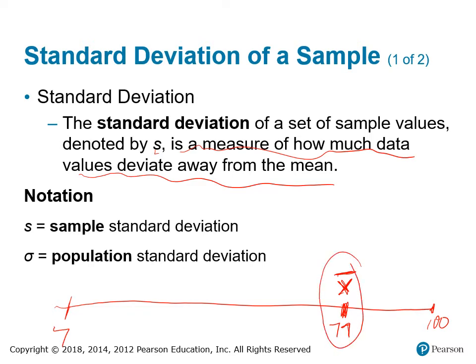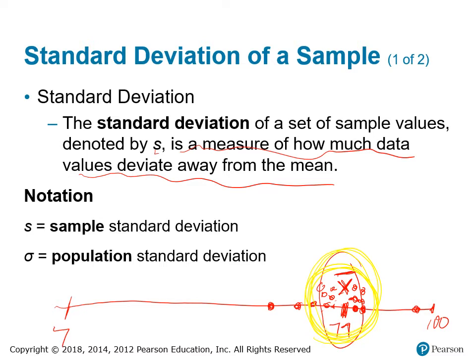If I start plotting where all my test grades are, say a 78, another test grade that's a 79, a test grade that's like a 90, another one down here that's maybe about a 50, and I keep plotting them out and stacking them up if I get repetition of test grades, and I start to notice that all my test grades are pretty much clumped right around the mean, then that's telling me that my data values, my grades for my tests, are not varying very far from the mean, from the average. And so most of the class was all about the same place.